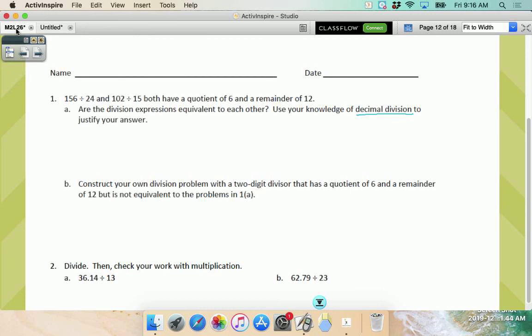And it says, are the division expressions equivalent to each other? No. They are not equivalent. Because, and then you're going to help me answer that. Just wait a minute. Let everybody get caught up here.